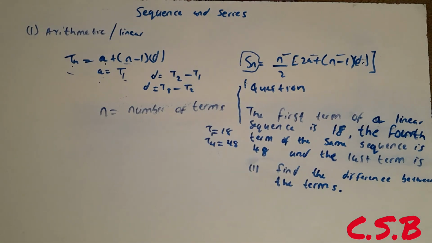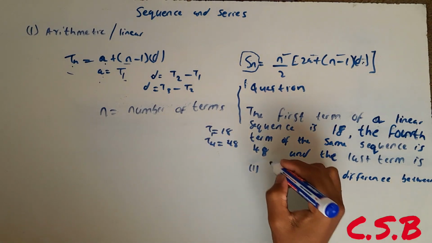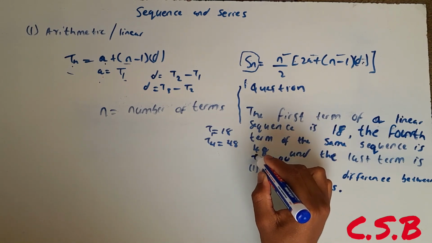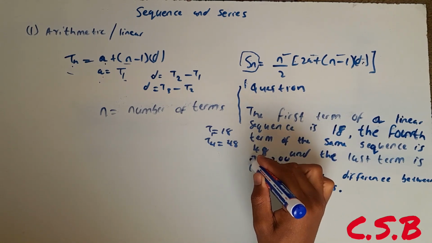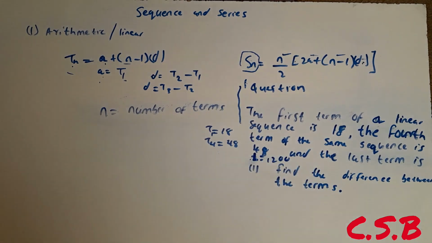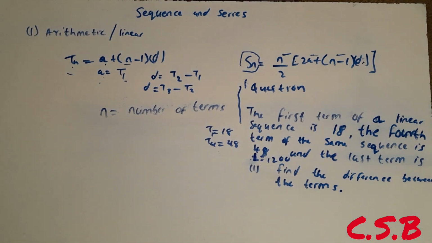And the last term, which we could call L, is 1200. The question says, find the difference between the terms. In simple terms, find d.